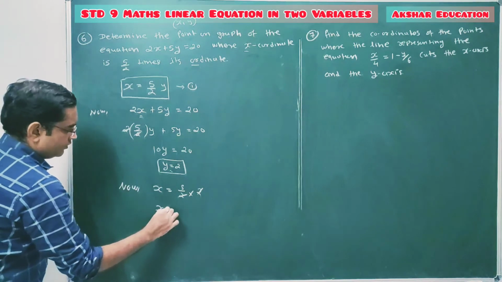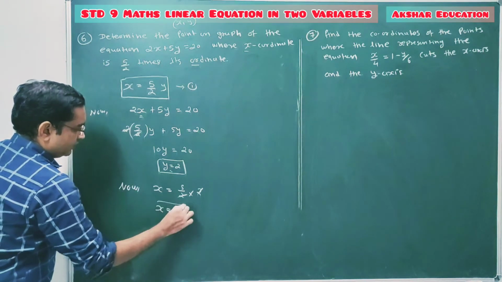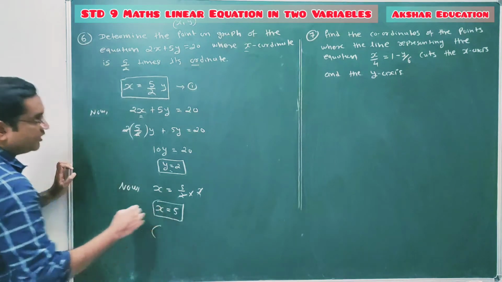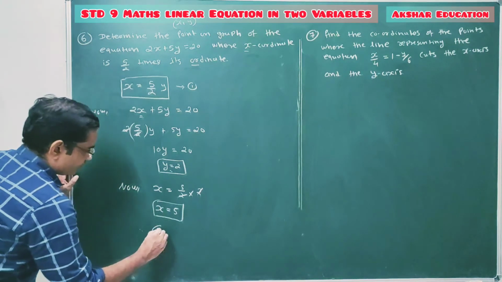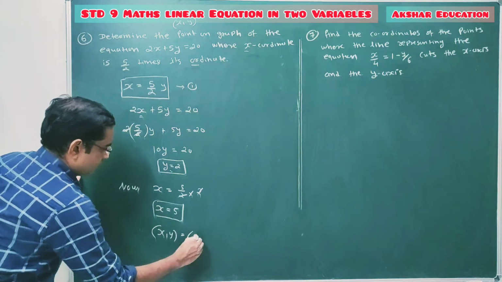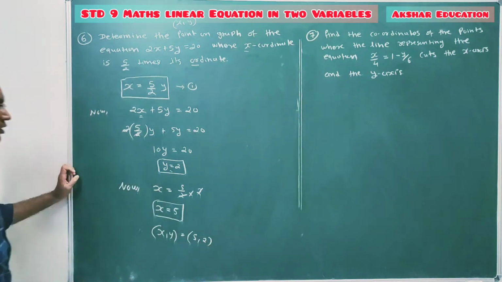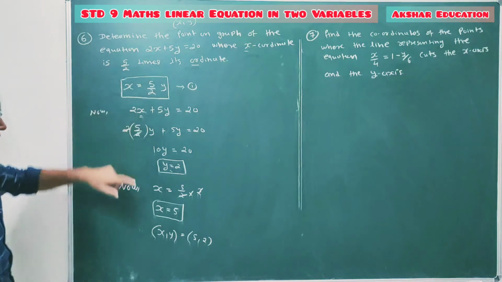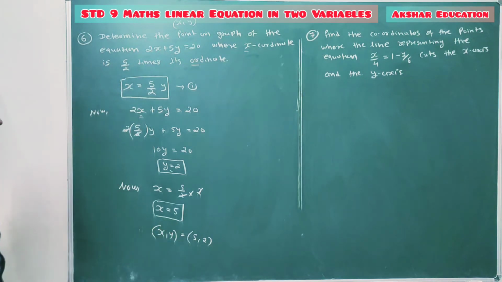So the 2 cuts, and we get the value of the x coordinate, which is 5. So the required point on the graph of the equation is x comma y, which is equal to 5 comma 2. Clear, students? So this is the point on the graph of this equation where the x coordinate is 5 by 2 times its y coordinate.